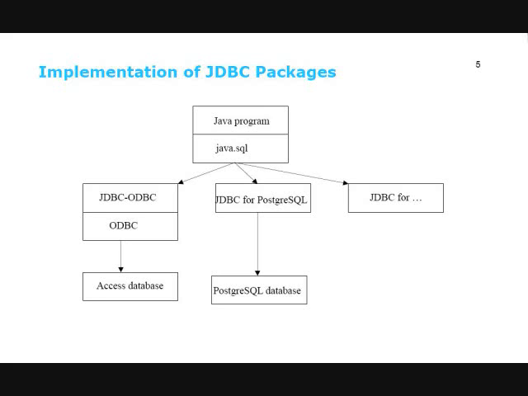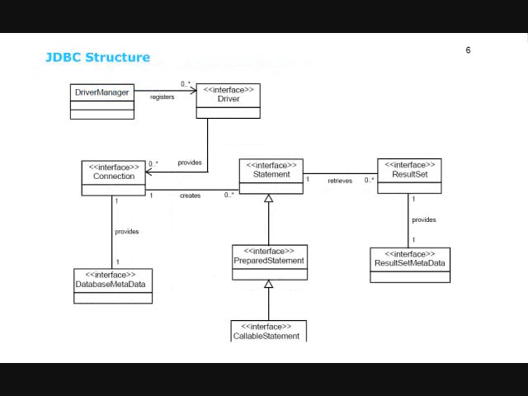If we wanted to communicate with the Access database, then we will use a driver for that, which might establish a JDBC-ODBC bridge, and so on. And we could do it for other types of database management systems as well. So we concentrate on this JDBC interface, and there are a number of methods that we need to learn about.